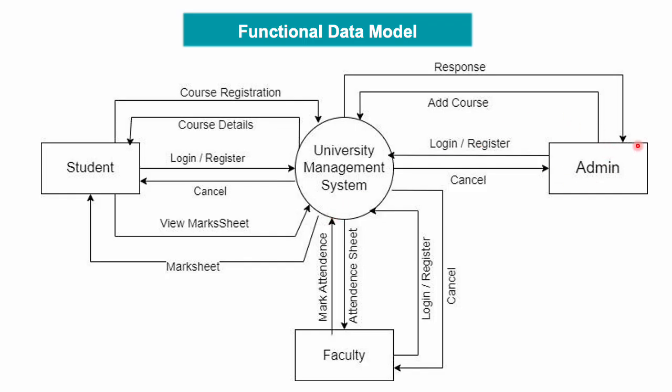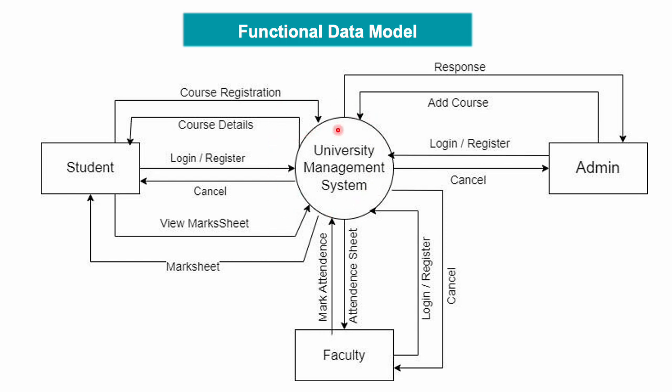Meanwhile, for the admin interaction, the administrator can log in or register to access the university management system, and then they have the authority to add new courses to the system.